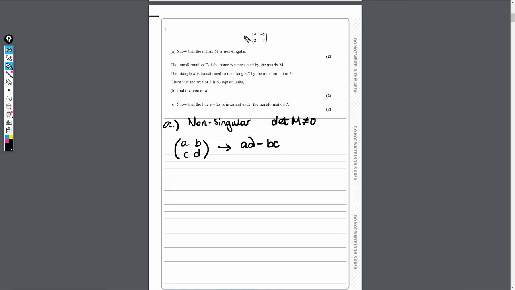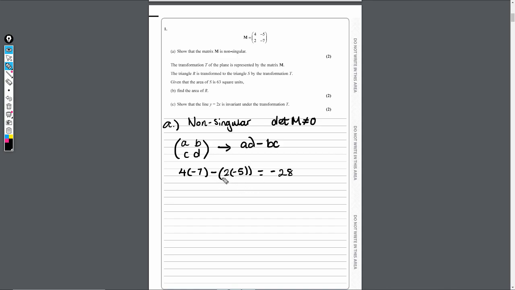If we do that with ours, it's going to be 4 times minus 7, minus 2 times minus 5.